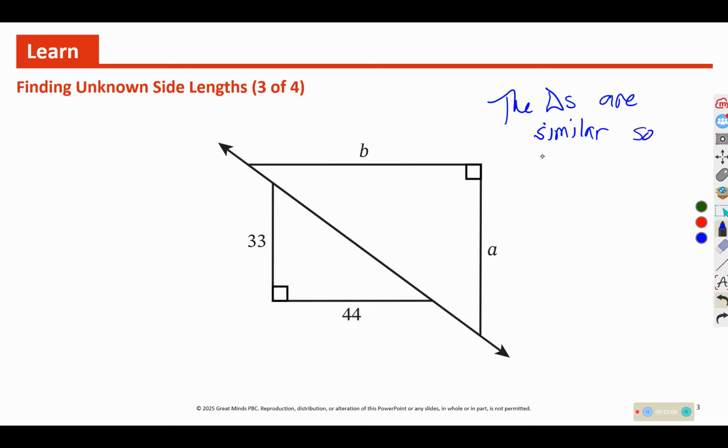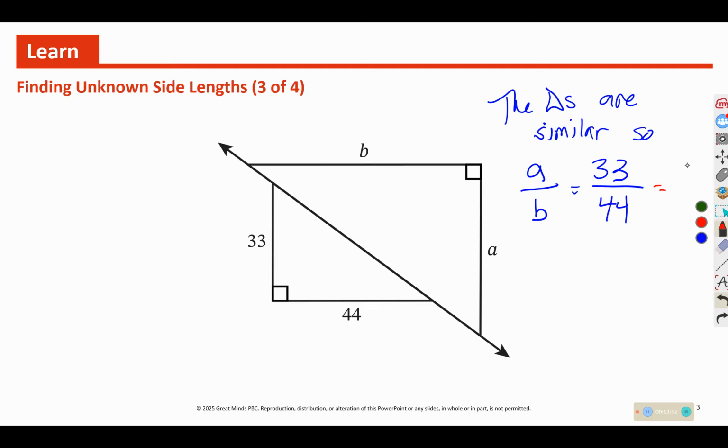So the ratio of A over B has to be equal to, well, A is the vertical side length, so we need the vertical side length here. B is the horizontal, so it has to match with the horizontal there. And we can reduce that. 33 and 44 are both multiples of 11.